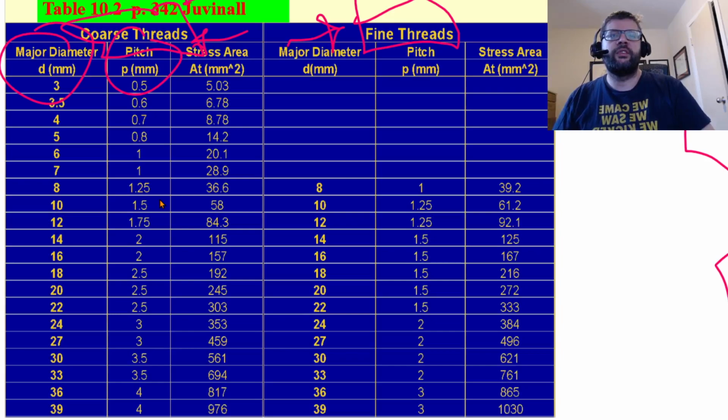Each of those diameters will be associated with a particular pitch for coarse threads and a different pitch for fine threads, and that's going to result in a different stress area as well.